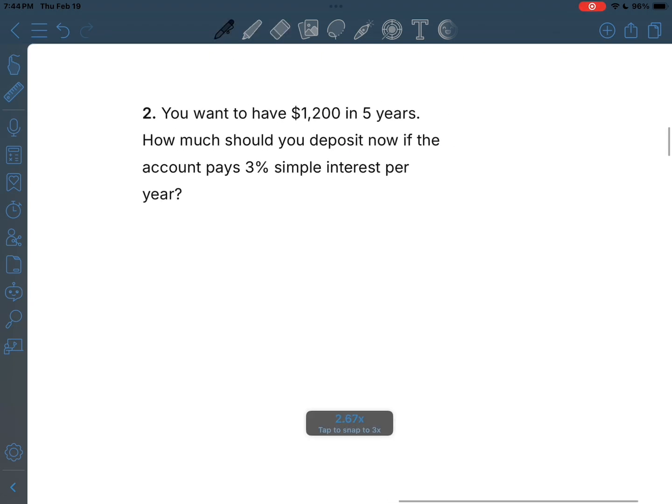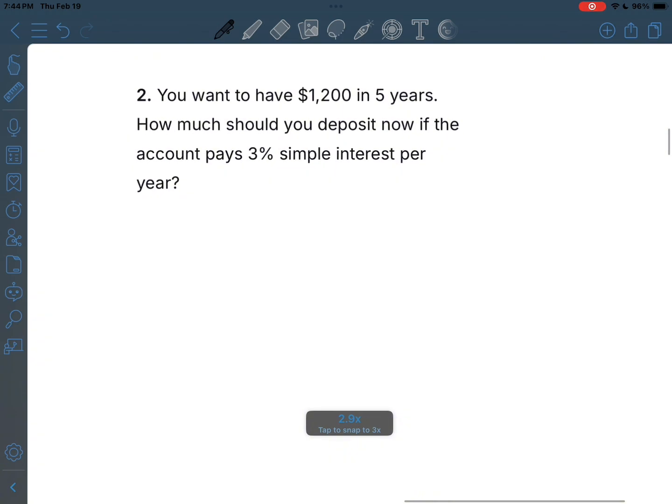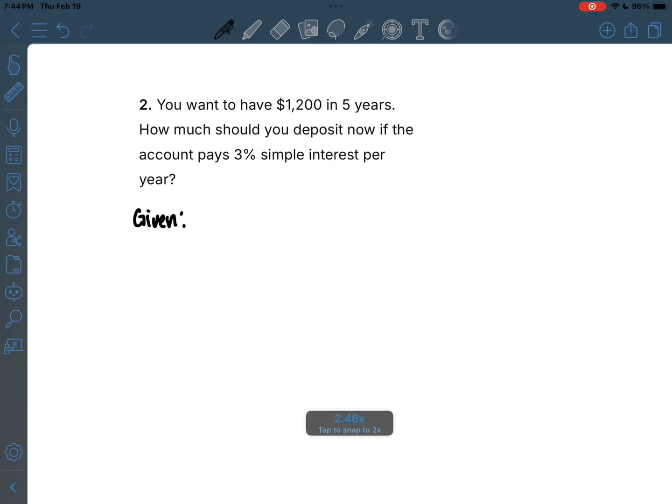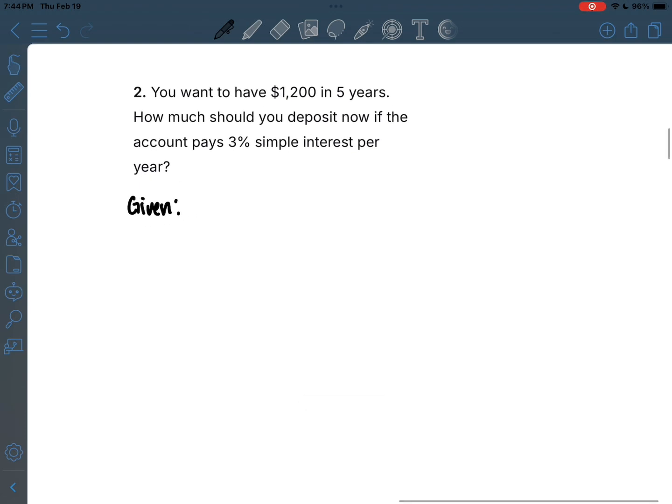For number 2, let us list down all the given values first. The given here is you want to have $1,200. That means that is the future value, because it's the amount of money that you want to have. So your given is the FV here, that's gonna be 1,200, and the time is 5 years.